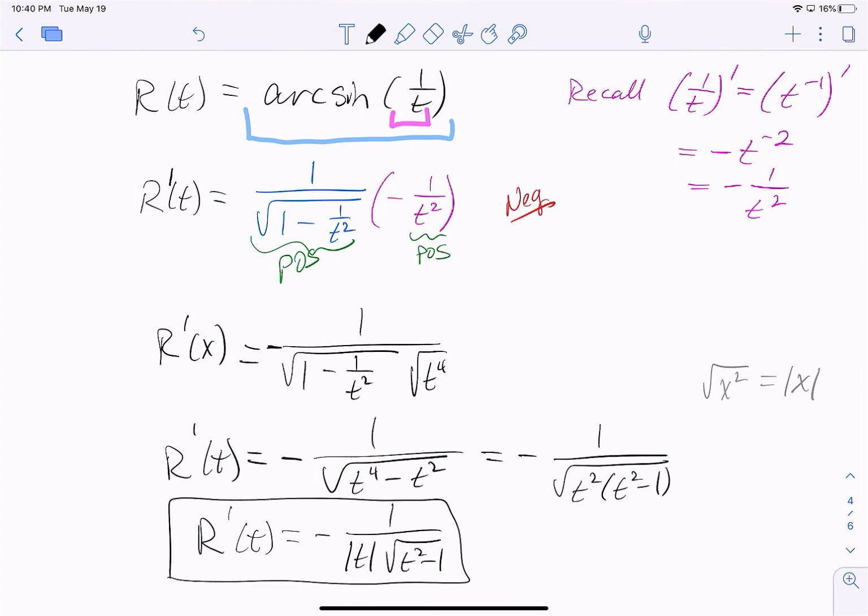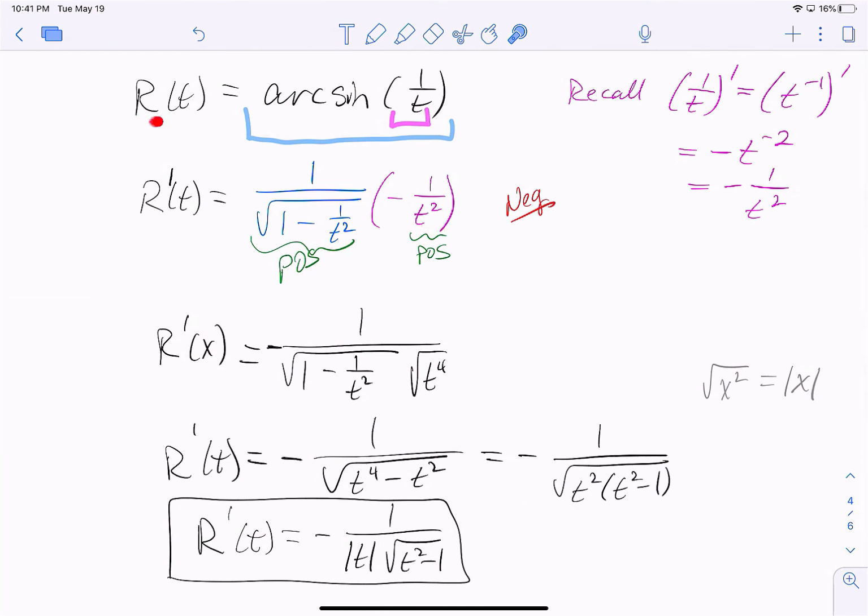I would like to talk a little bit, though, about this absolute value. This is something that a lot of us may have overlooked if we had gotten this far. But let's go back to the idea that when we first took the derivative, the expression is going to evaluate only to a negative number. That'll be true whether t is positive or negative.